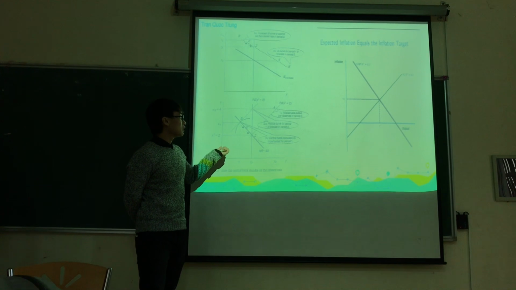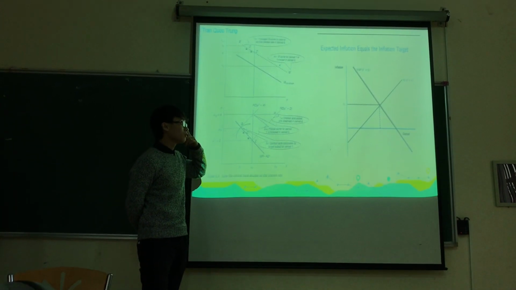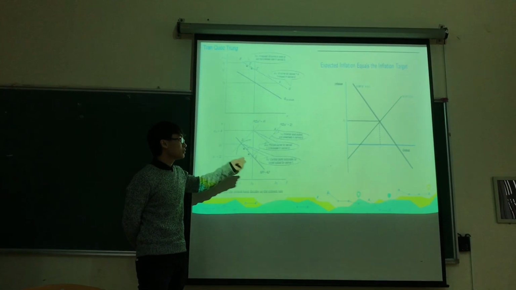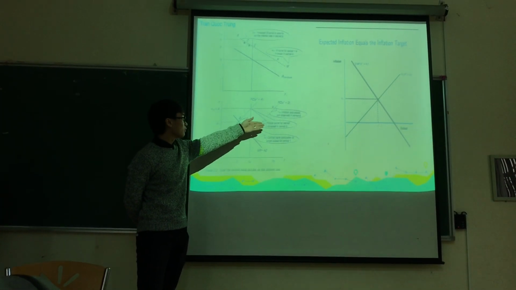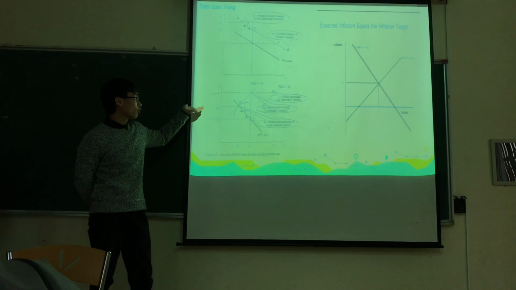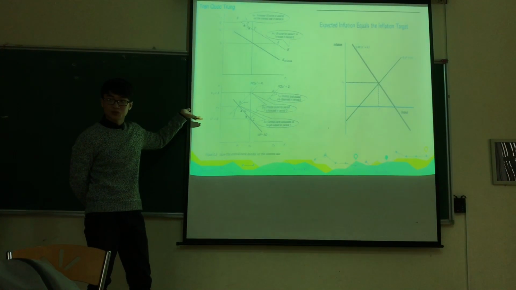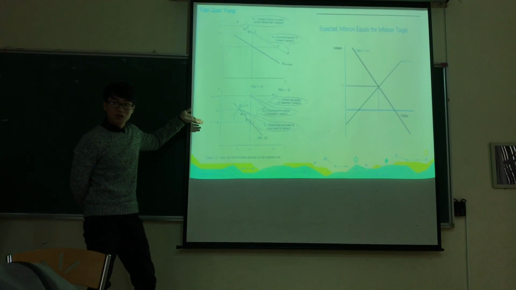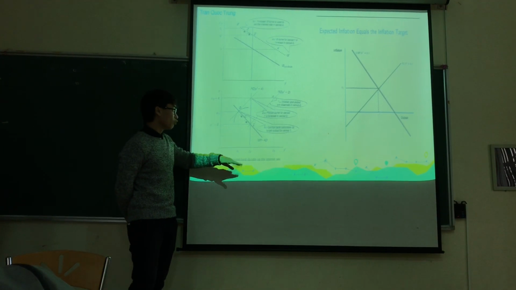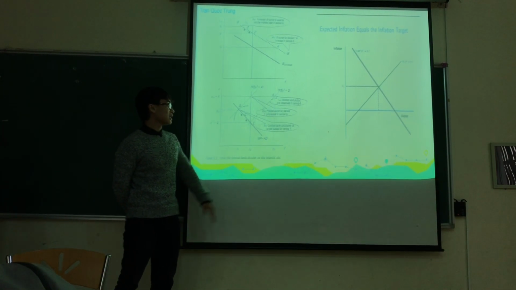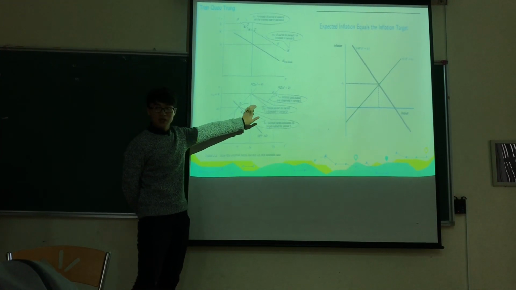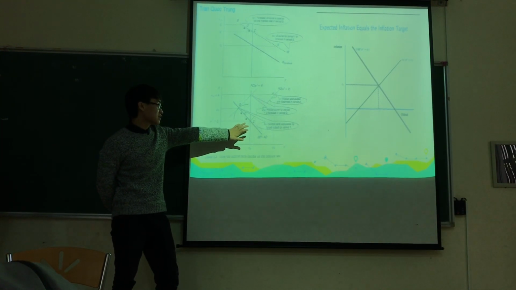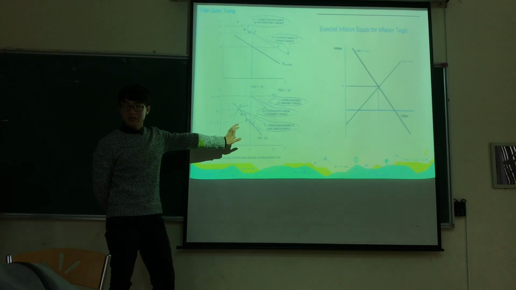For this case with the three equation model, the inflation is at 4%, which is higher than 2%, the inflation target. The goal of the central bank is now to put the economy at the position that is best with the inflation target.